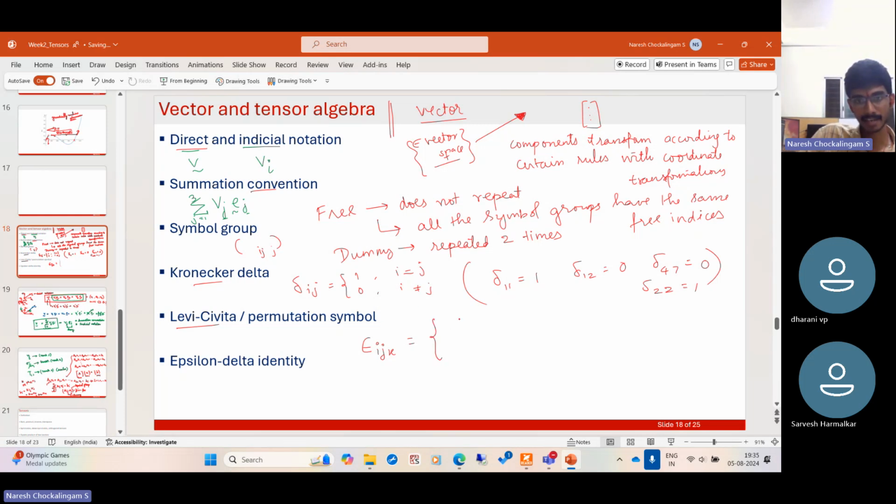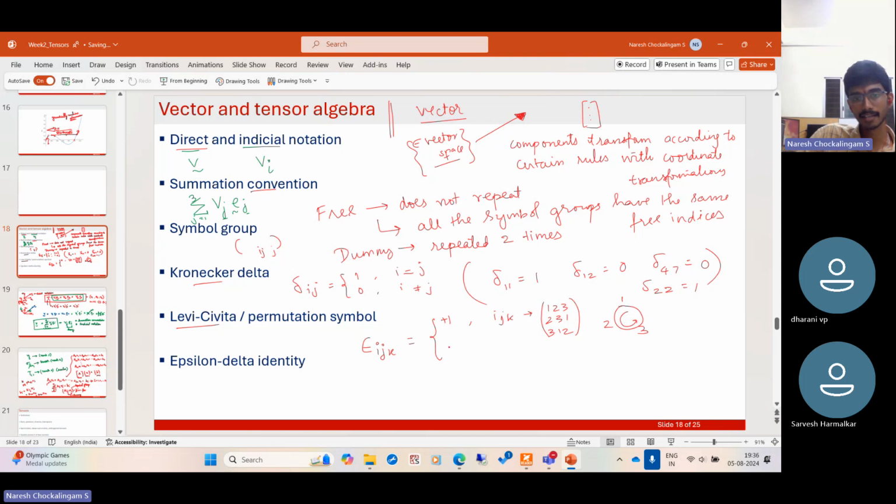This can take a value of 1 if i, j, k are in the order 1 2 3, 2 3 1 or 3 1 2. So this is a permutation symbol. You put 1 2 3 on a circle and go in the counterclockwise permutations. All counterclockwise permutations of 1, 2, 3 give the value of +1.